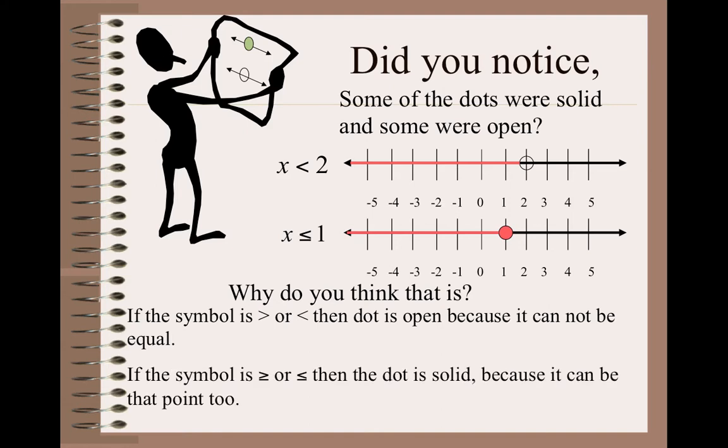If the symbol is greater than or equal or less than or equal, the dot is solid because it can be the point 2. Pwede nyo din siyang equal doon sa mga number na yon na nakatutok. Halimbawa ito, pwedeng equal din siya kay 1. Or mas mababa siya kay 1, kasi less than. So, mas mababa. Okay?